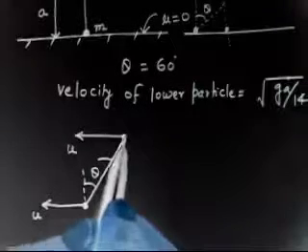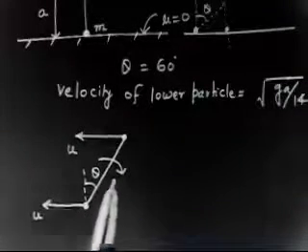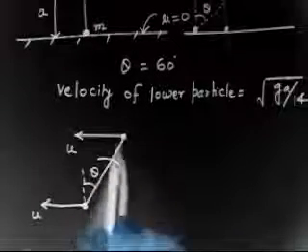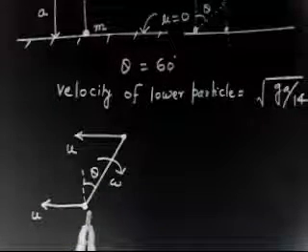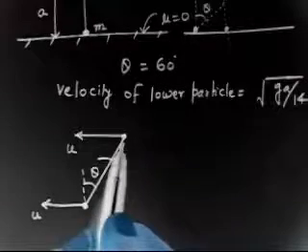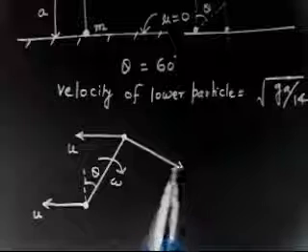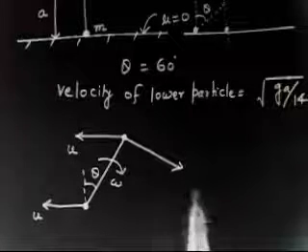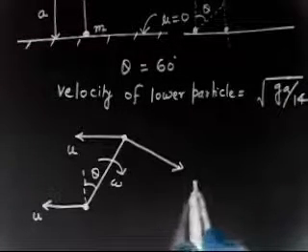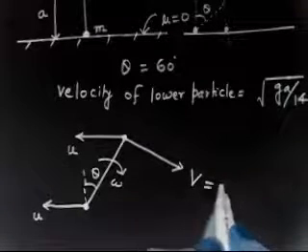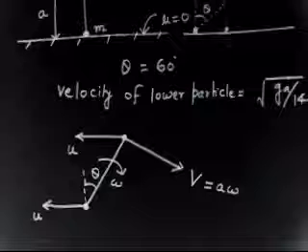So it will have a velocity component due to this omega. Let us write a omega in terms of v. So it will have a velocity v, that is basically equal to a into omega.